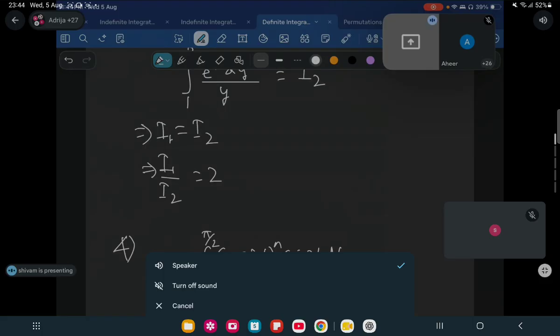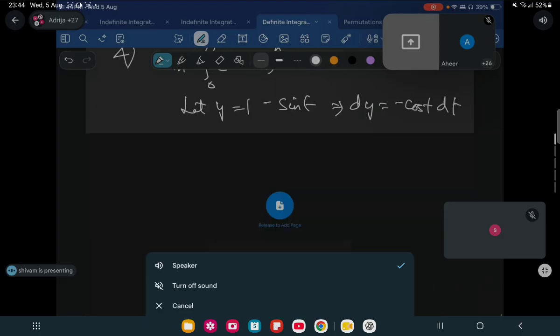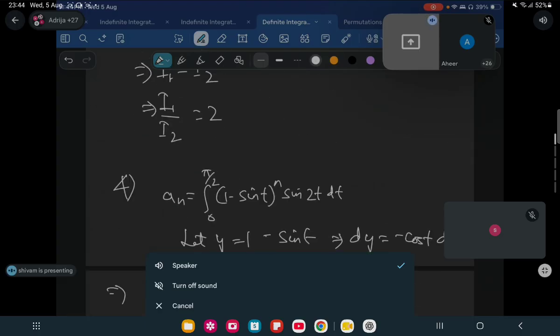So dy is equal to minus cos t dt. As t tends to 0, y tends to 1, and as t tends to pi by 2, y tends to 0. 1 minus sin t will become y to the power n. And sin 2t is 2 sin t cos t.